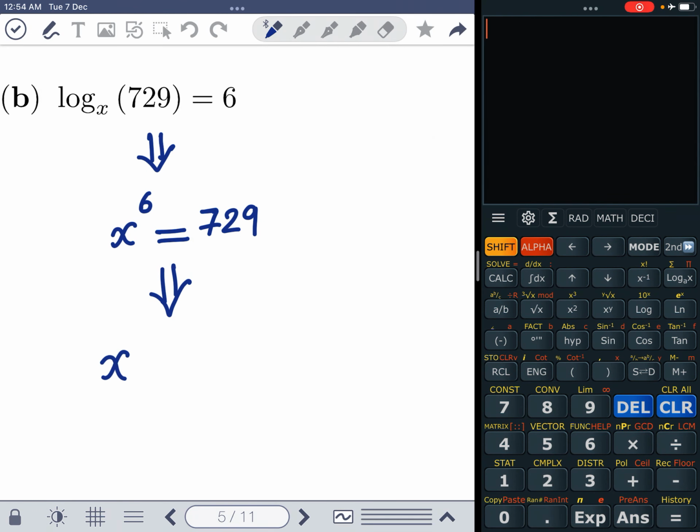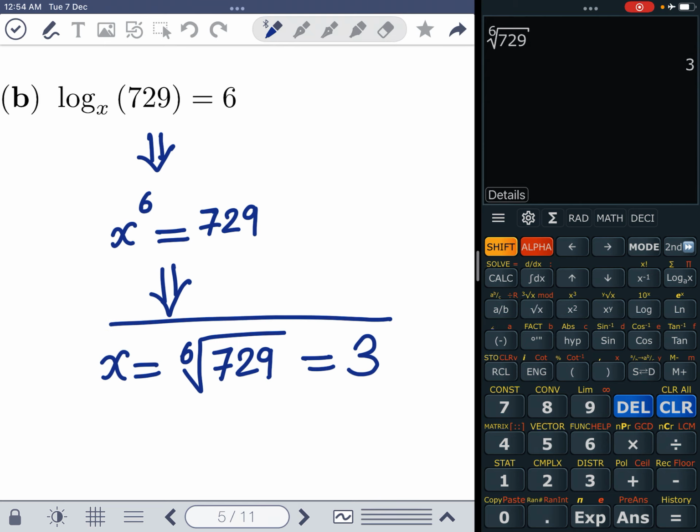So x will be the 6th root of 729. Of course, it has to be plus or minus, but minus we cannot take, so we just take the plus. So here you'll do the 6th root of 729, which equals 3. So the answer is 3 at the end.